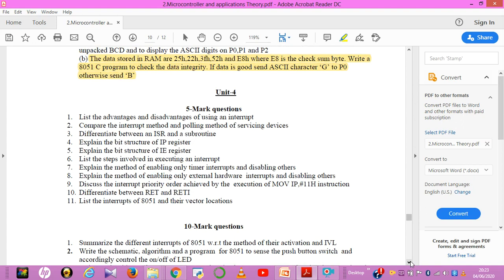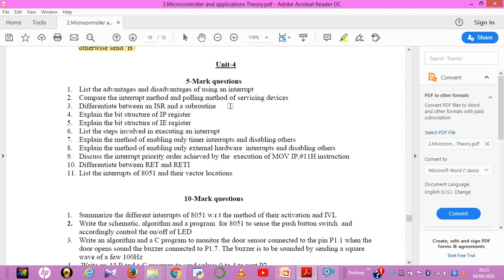Now we will come to unit 4. In unit 4, the main important 5 marks question is to compare the interrupt method and polling method for servicing the devices. If I want to give service to devices in 8051, how are you going to give the service? There are two methods: one is the interrupt method, another is the polling method. Already you know.